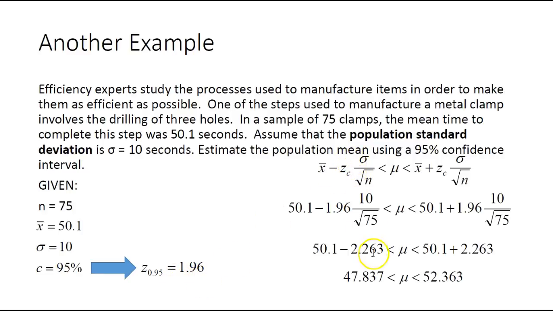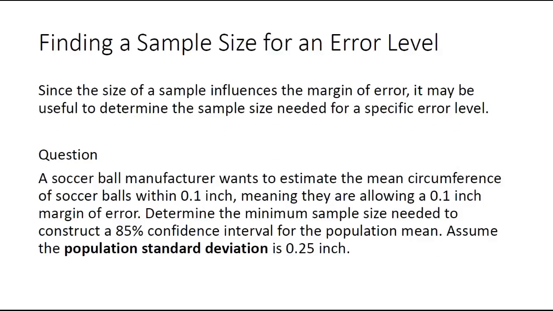We plug and push. Make sure you're getting all this in the calculator correctly so that you can get these values. But the time should be between 47.837 seconds and 52.363 seconds. And that's with 95% confidence. So there's still a small chance that the actual population average is outside of that interval. Okay, but it is an estimate.